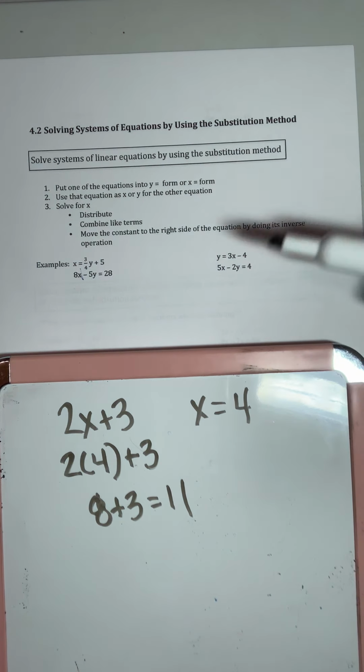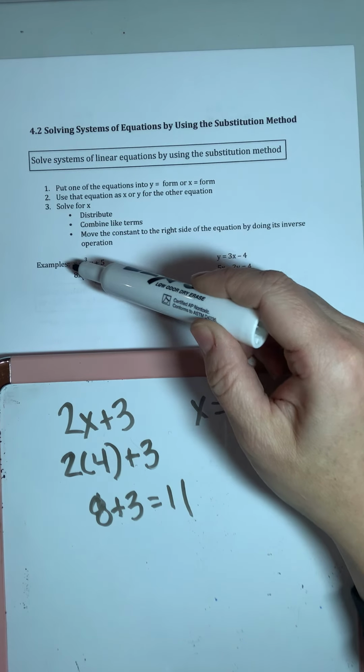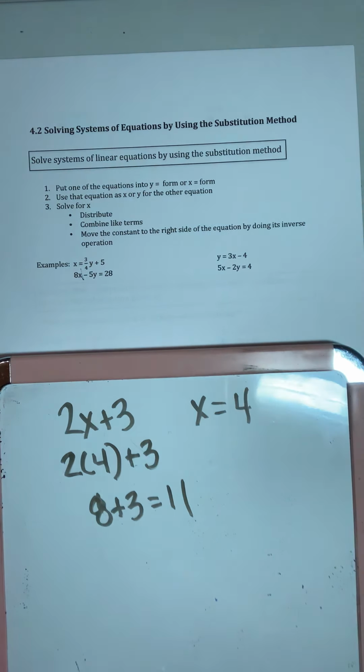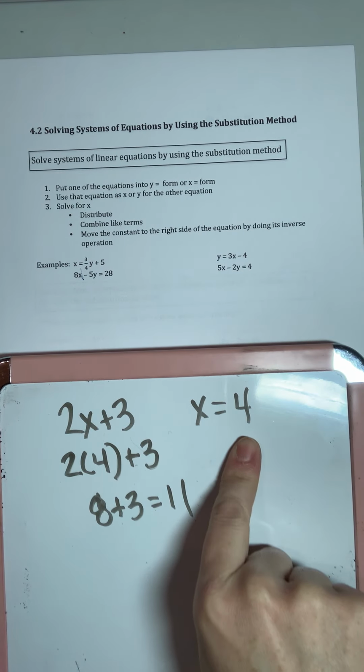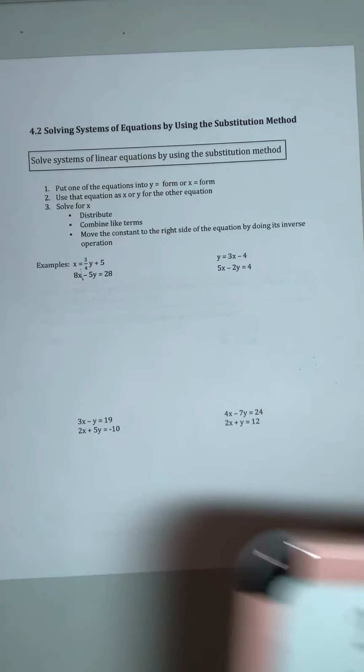We're going to be doing the same thing with these, where we are going to take an entire equation and substitute it in for the variable and solve. So it's the same concept, it's just not one single number, it's an entire equation. But we're still going to be substituting. Okay.